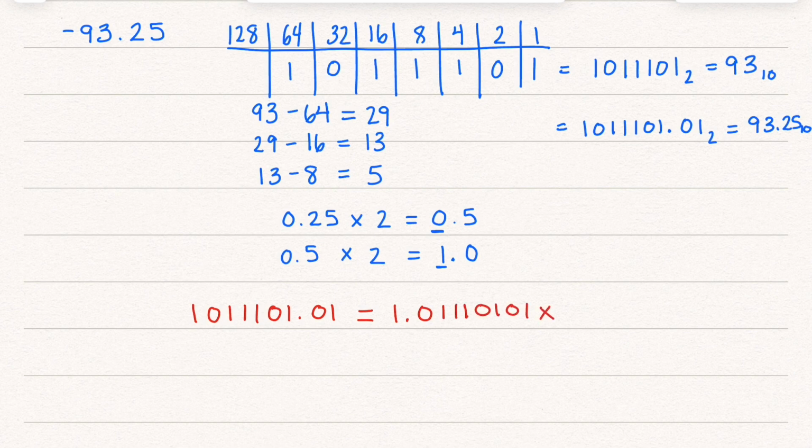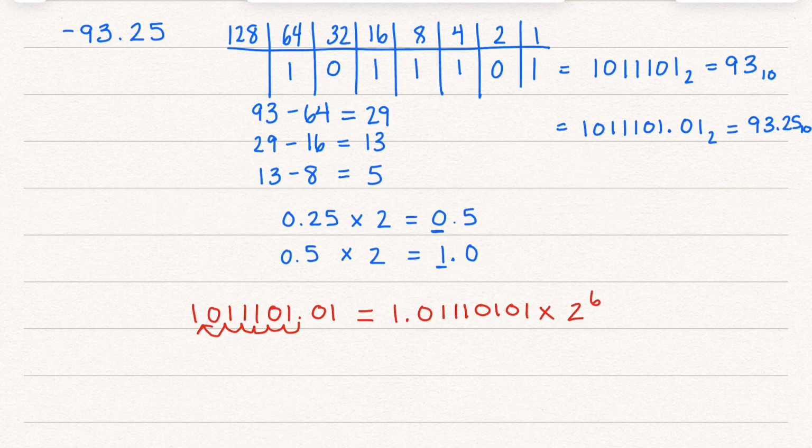And to move it there, I have to jump 1, 2, 3, 4, 5, 6 spots. So my normalized binary form is going to be 1.01110101 times 2 to the power of 6, because I moved 6 spaces. Okay, so that's the first portion of this question: we need to write it in binary and then write it in normalized binary form.